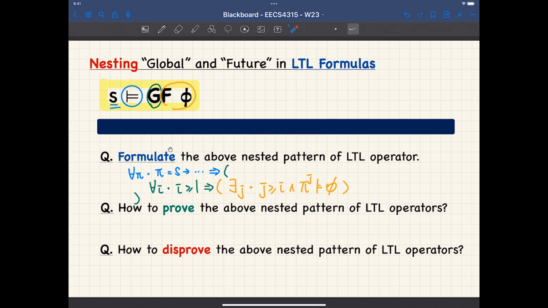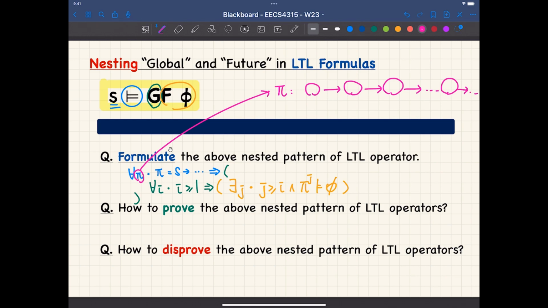Okay. So if you imagine that, so we say for every pi, let me just use a different color. For every pi, let's say this is such a pi that's representative. So you have some states, some states, and etc. We're basically saying for every i, so for every state over here, there is some later state, j, such that the phi is established.